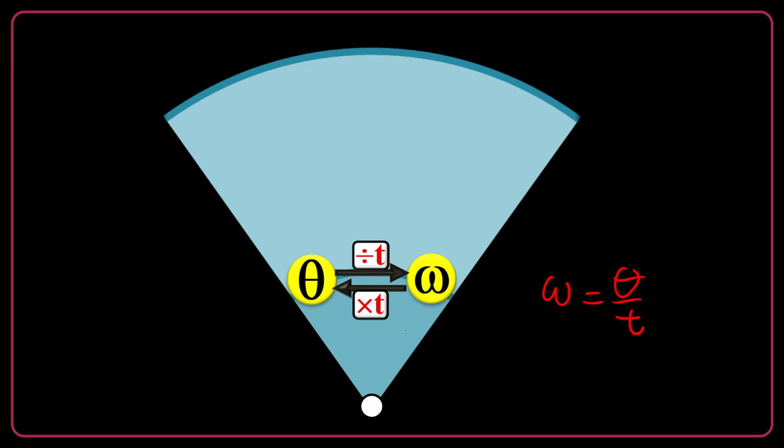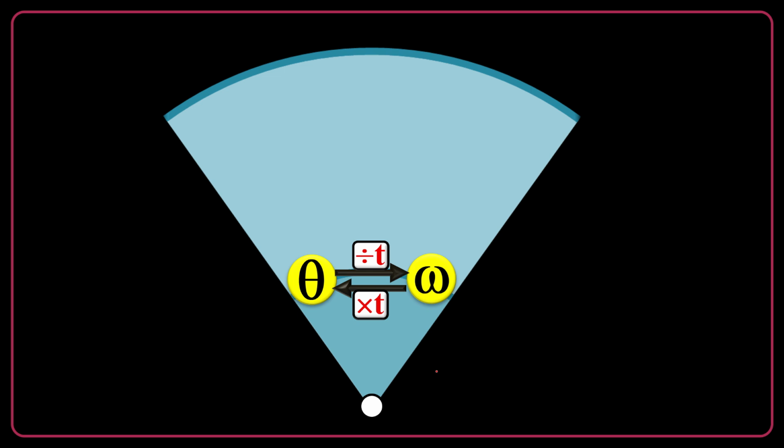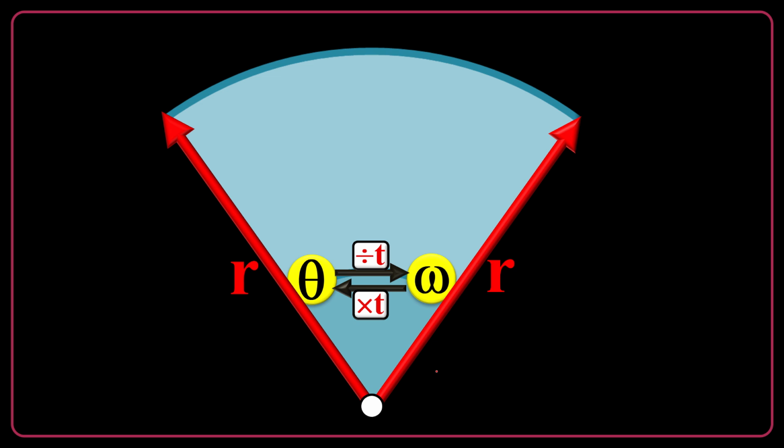And if I go back, I should multiply by t, so θ is equal to ωt. So for horizontal movement, to the right you divide by time, and to the left you multiply by time. To go to the linear quantities on the circumference, I use the elevator of radius.